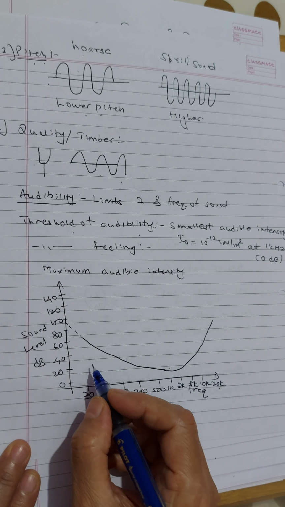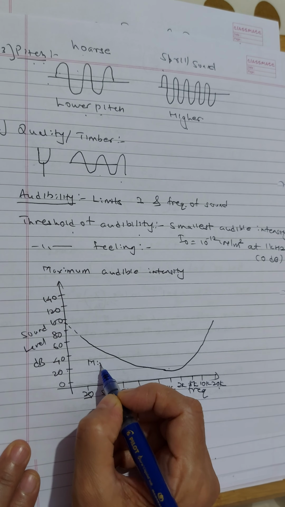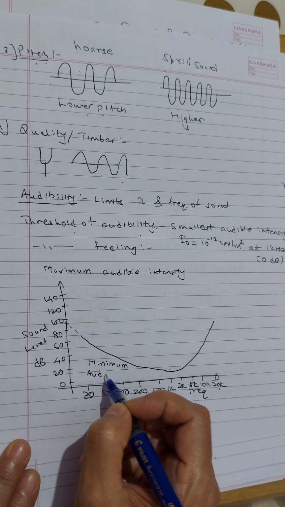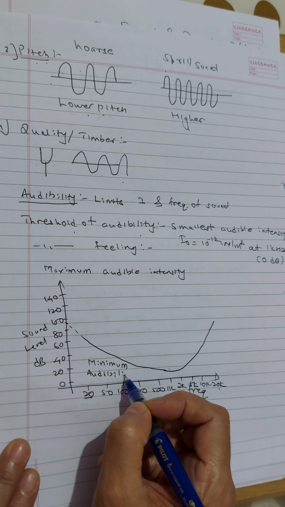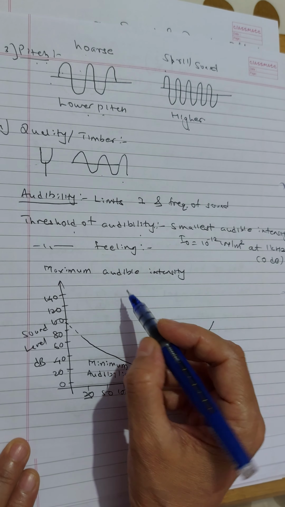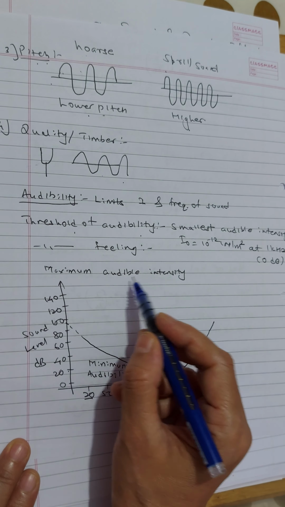This is the minimum audibility curve. Then higher I'll show the threshold of feeling. What we said, the maximum audible intensity.